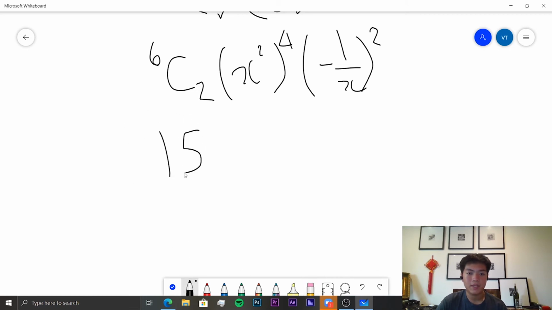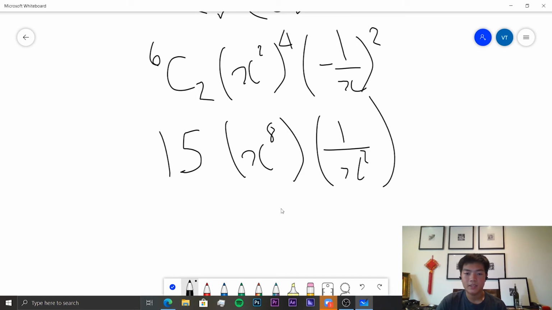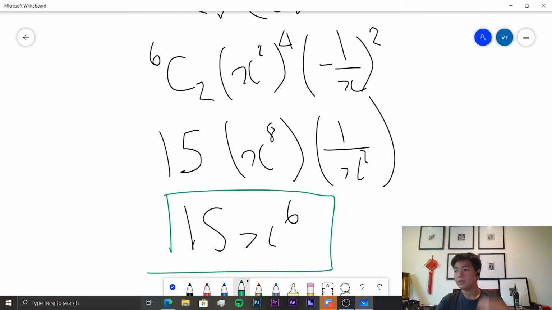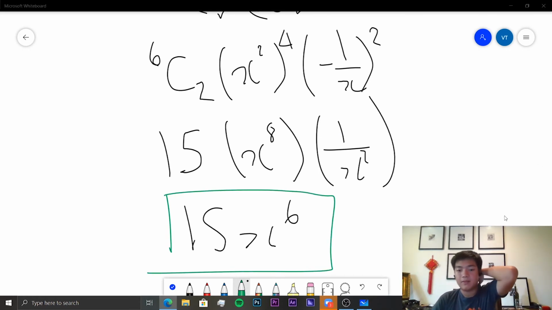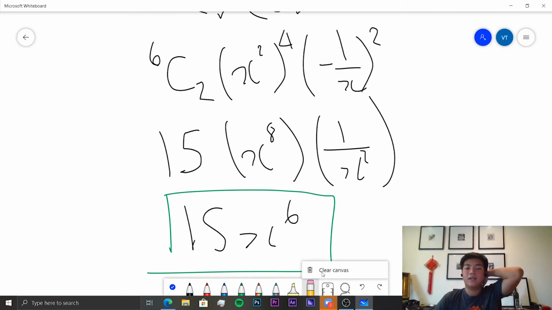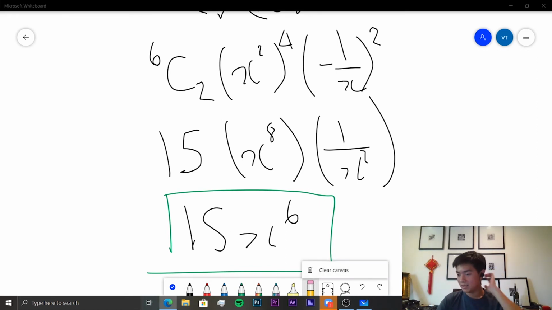So we have 15 times x to the 8 times negative 1 over x squared, so that's just 1 over x squared. So this leaves us with 15x to the 6 as our final answer. Is that correct? Yep, it is correct. So we've got that question correct. Okay, so on to the next question.